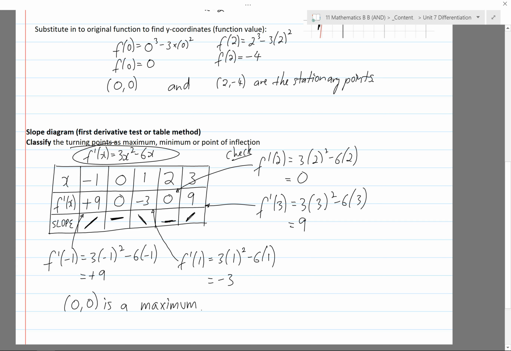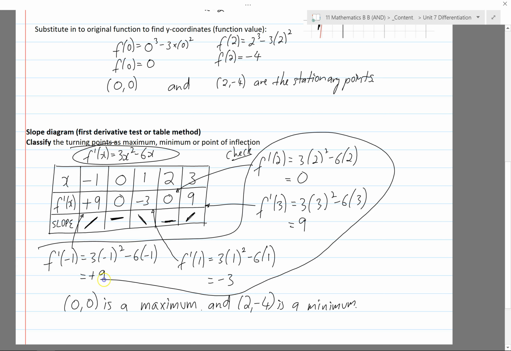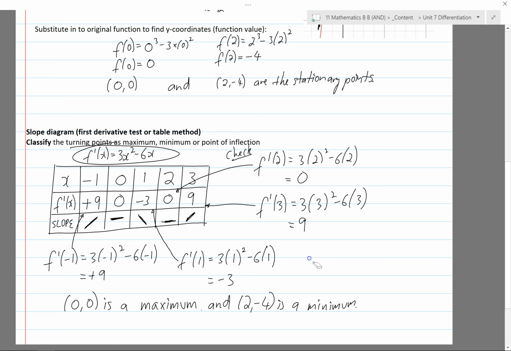So from here I can conclude that 0, 0 is a maximum, and 2, negative 4 is a minimum. When you're doing these problems for real, you don't need to write all of this out. Maybe just write out the first one to show that you're substituting into the derivative.